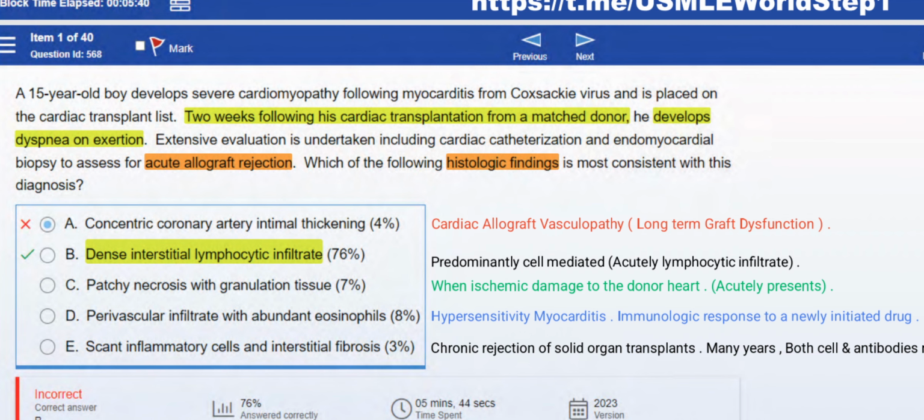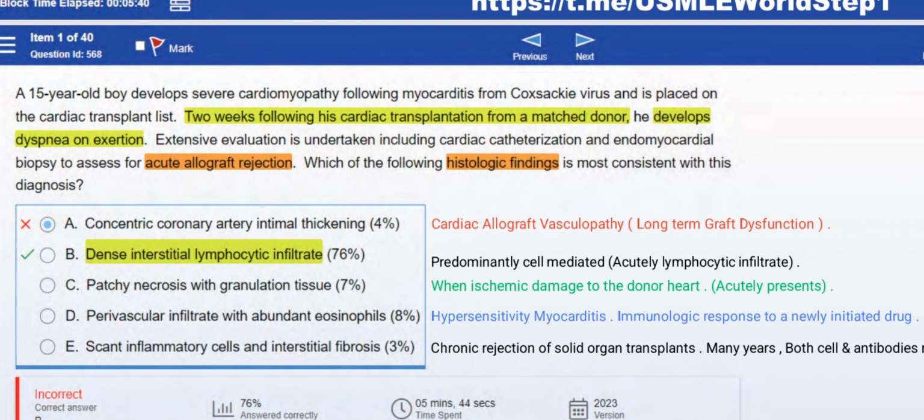It can also be antibody mediated, but the predominant one is cell-mediated. So option B, dense interstitial lymphocytic infiltrate, is predominantly cell-mediated, which usually presents acutely. Right. Why not the other options?